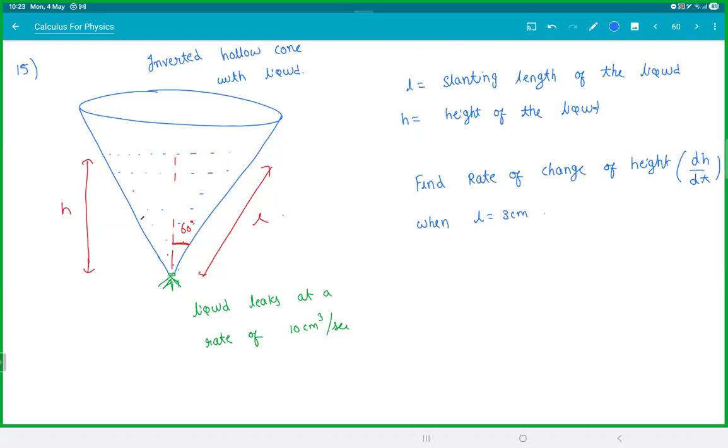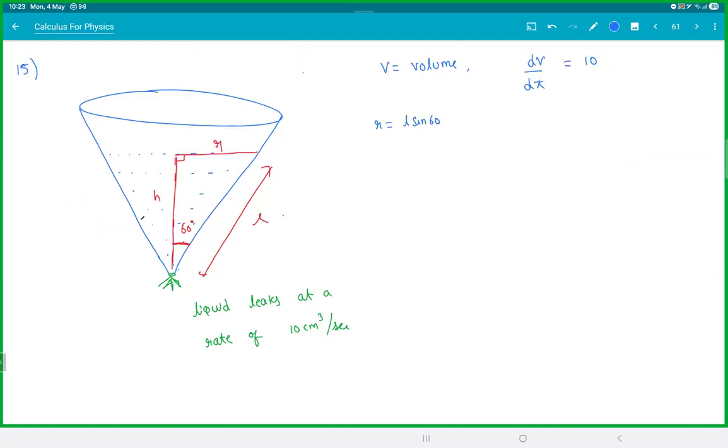He is asking you H. Perfect. H is nothing but L cos 60, so this is L by 2. That's the relation between H and L always. Great. So what is the volume?